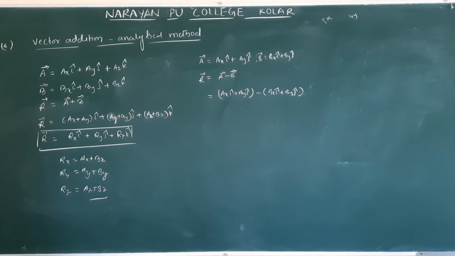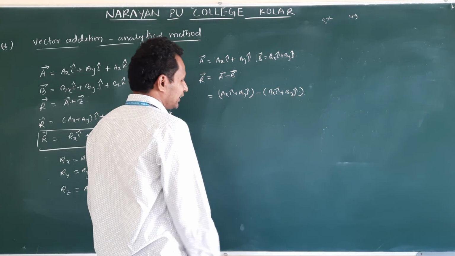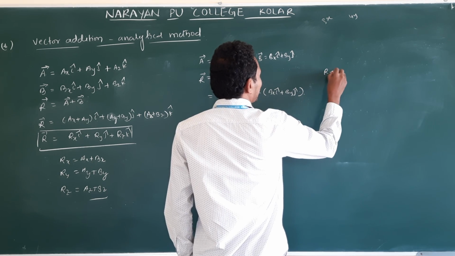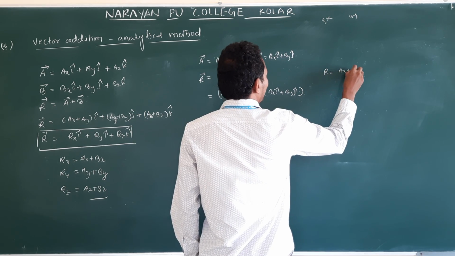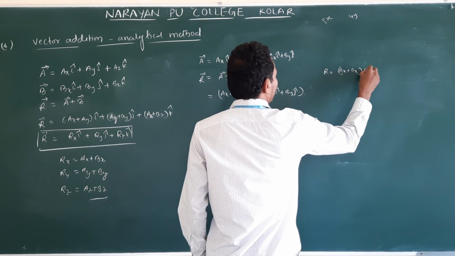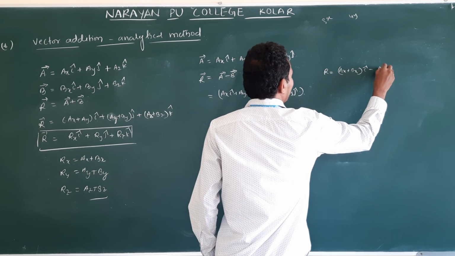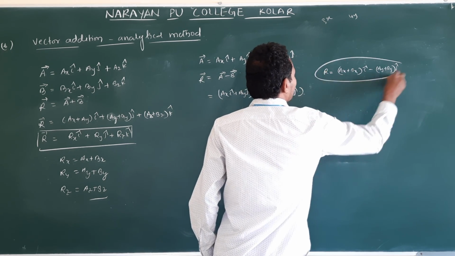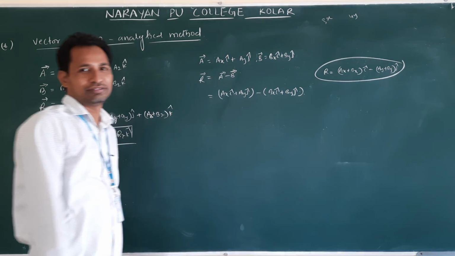Clear? So generally what do you expect for the resultant? You may expect this result: Ax plus Bx i cap minus Ay By j cap. This is a common expectation for all.